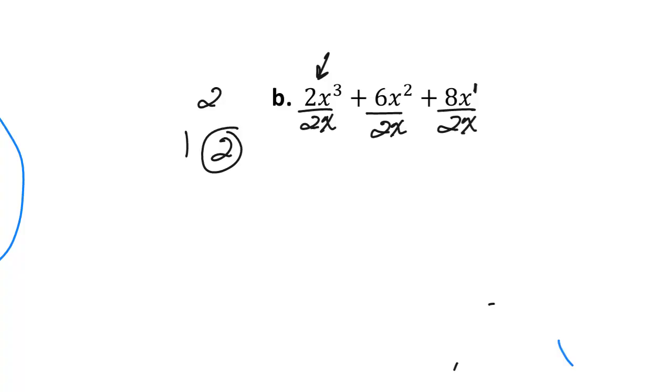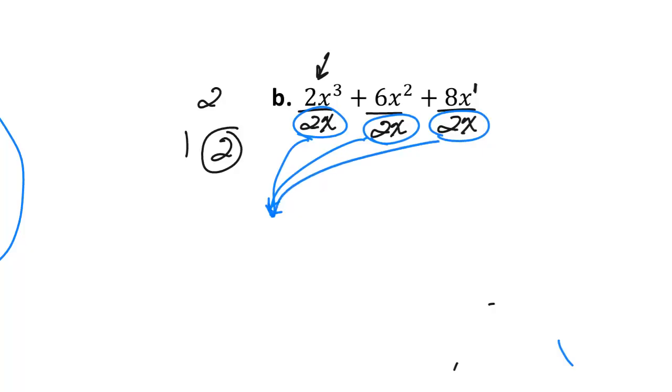And so this is my greatest common factor. That is going to be my first factor. That is your GCF right there. But we're not done. We are factoring all of this now.